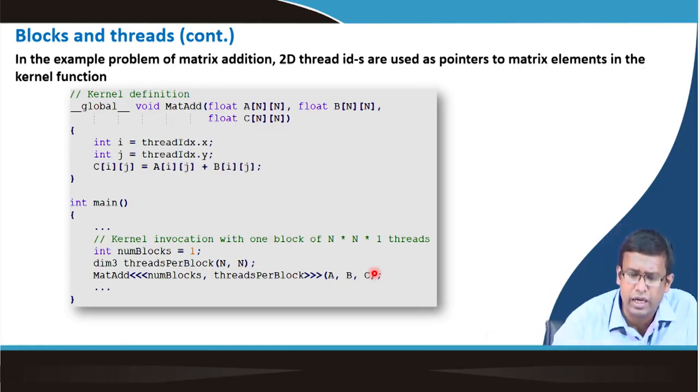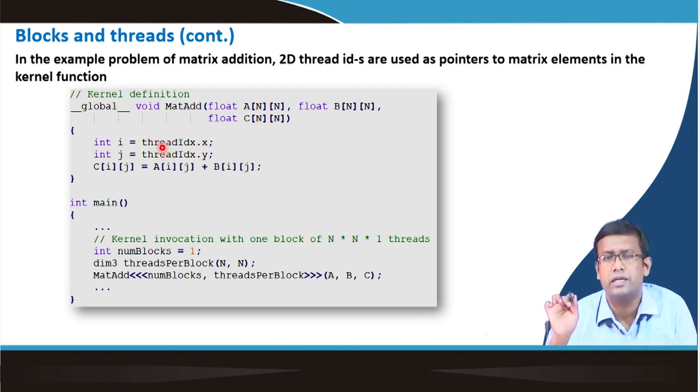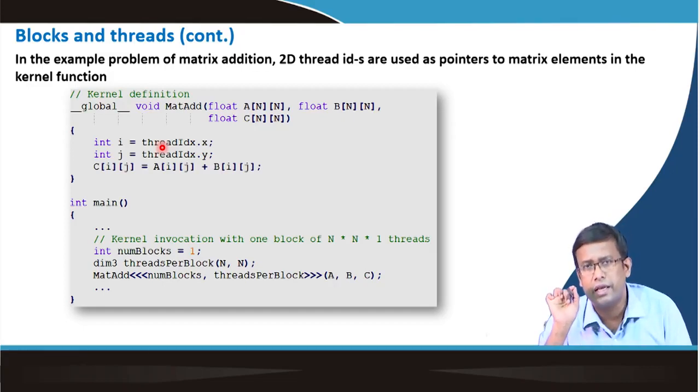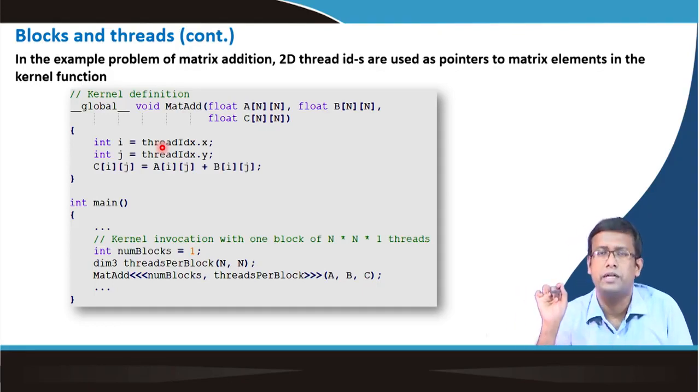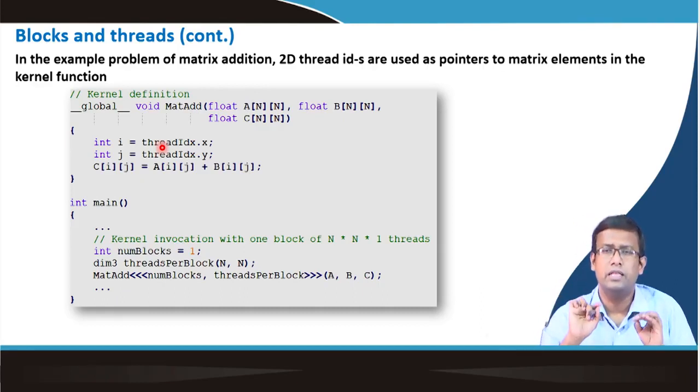How is it doing that? It is identifying the location of an element in matrix A or B or C by the thread ID. So if I am looking at a particular thread, this thread is taking one element of matrix A, taking the corresponding element of matrix B, adding them and getting the corresponding element of matrix C. And this is being done by all the threads simultaneously.